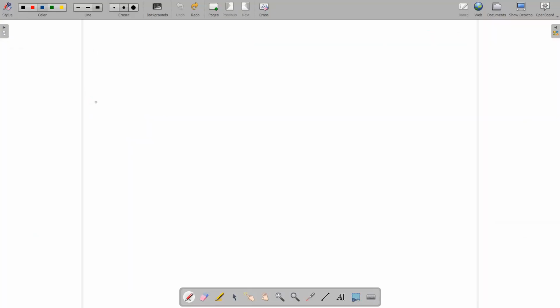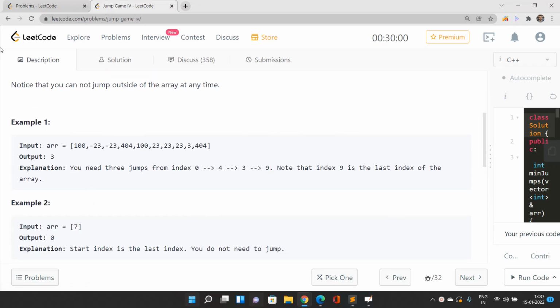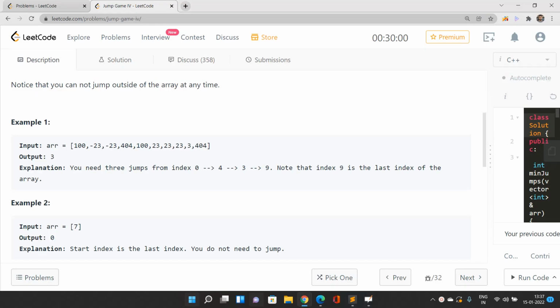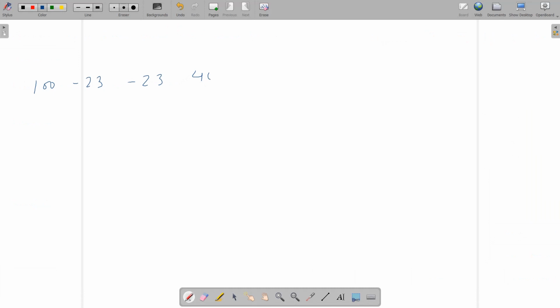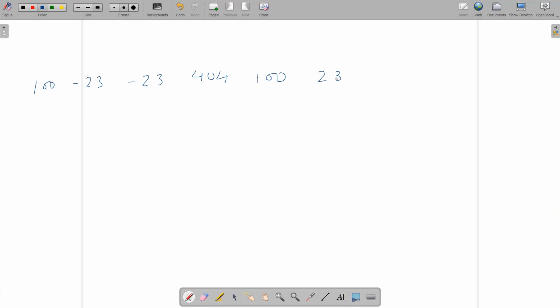Okay, so let me pick an example from this problem statement. It is 100, minus 23, minus 23, and so on. So 100, minus 23, minus 23, and then 404, 100, 404, 100, and you can see 3 times 23, and finally we have 3 followed by 404.